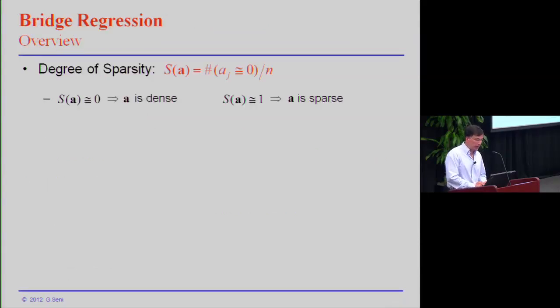So let me go back to this notion of sparsity and density, and let's consider a more formal definition of sparsity. If the predictors have been standardized, sparsity is just the number of predictors that are 0 or close to 0.